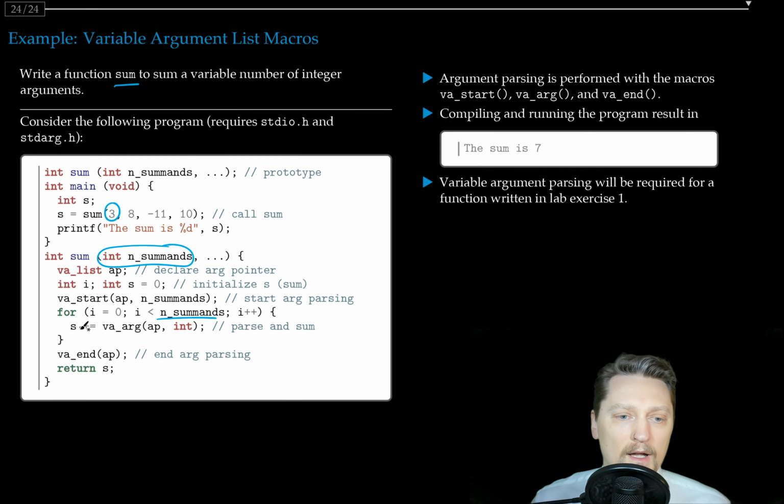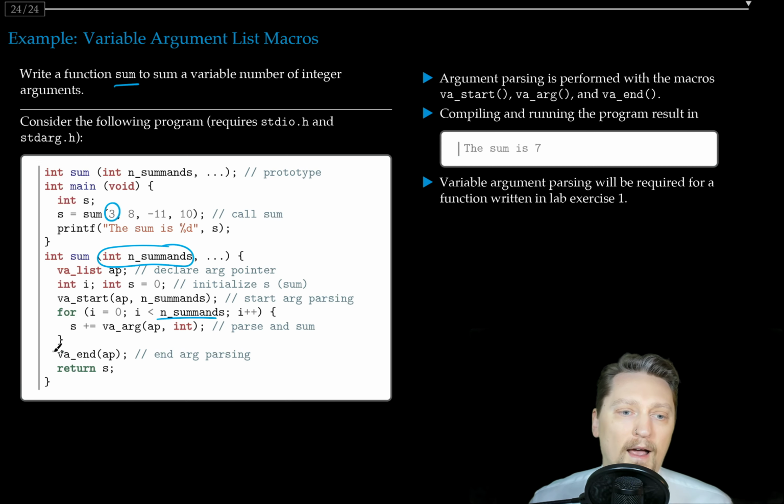We are going to take s, which started off at 0, and say s = s + va_arg(ap, int), interpreting what AP points to as an integer. So parse it, sum it up with our existing s, and replace the current value of s with the new sum. So we loop through 3 times in the example here.